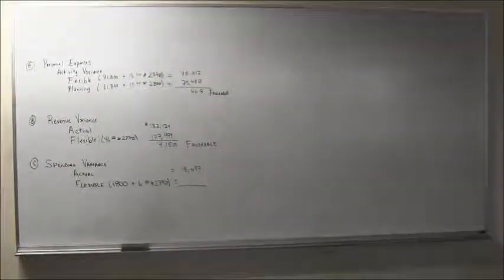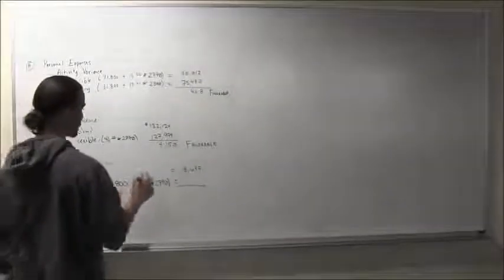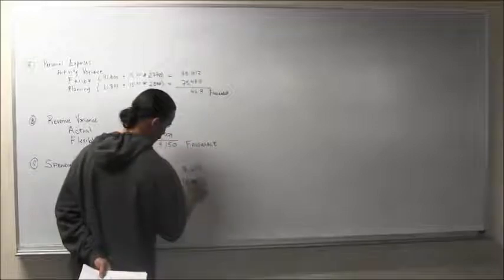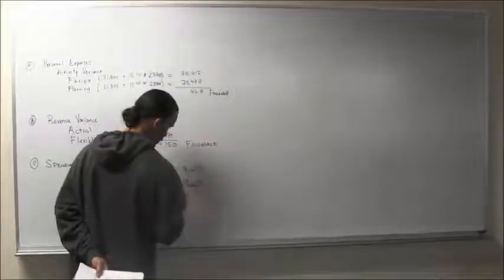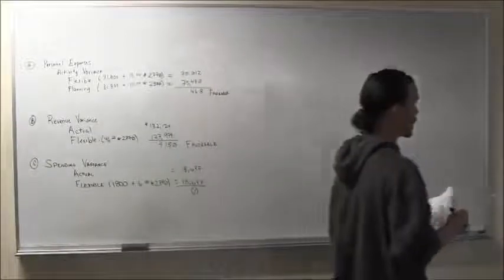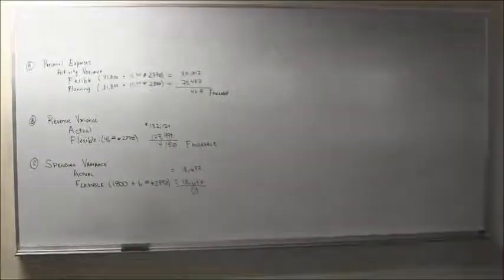They're the same, so my variance is 0. Okay, these amounts are the same, so that means my variance is 0. No variance. Okay? Any questions on these first 3 questions about variance? Okay?